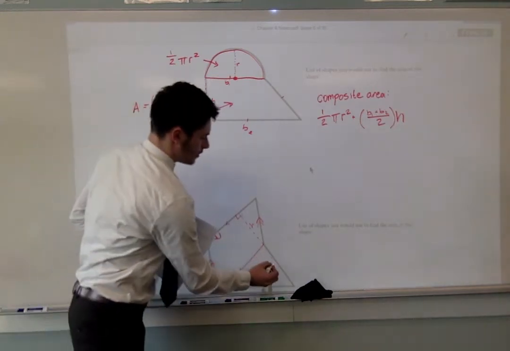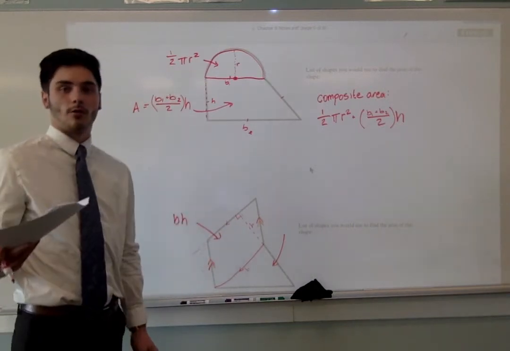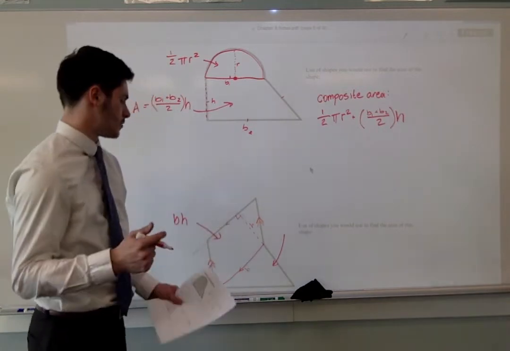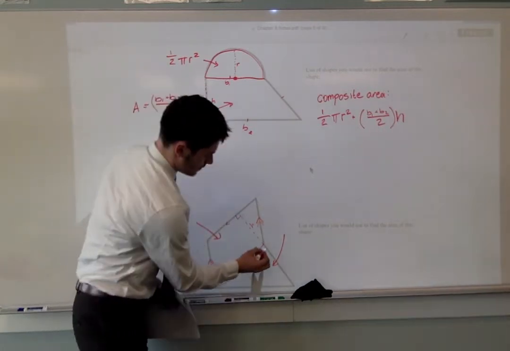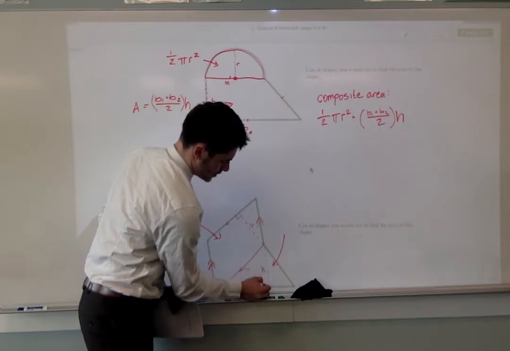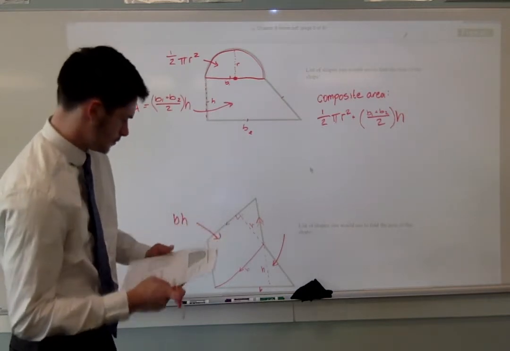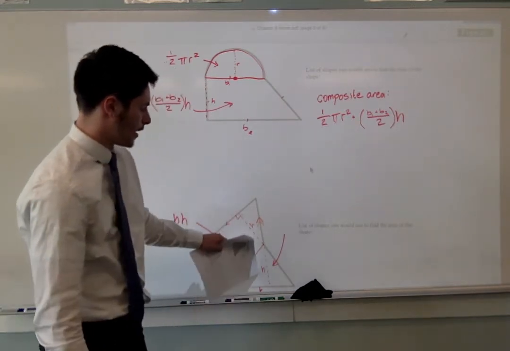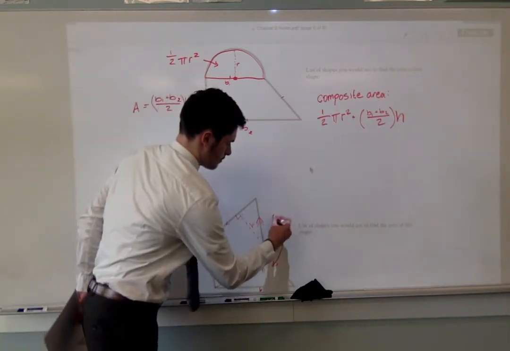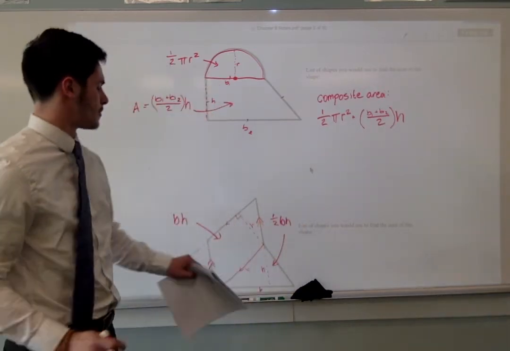And then for this triangle, what do we know about triangles? Well, we know that they're half of rectangles, and we know what the rectangle formula is. So we know that the area of this triangle here, if this is H and this is B, we're going to have 1/2 HB, right? Or BH, 1/2 BH.